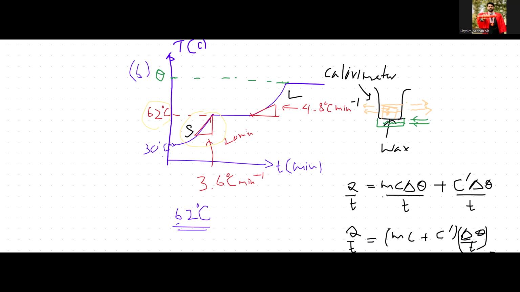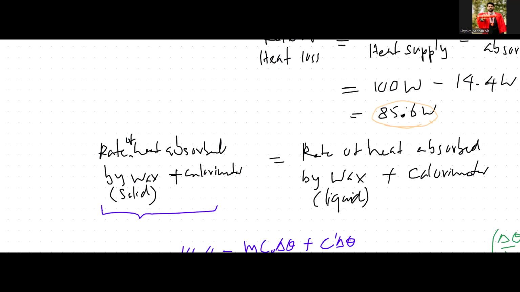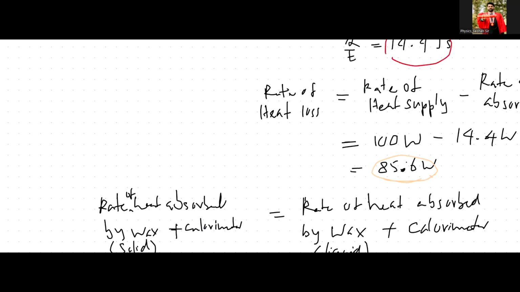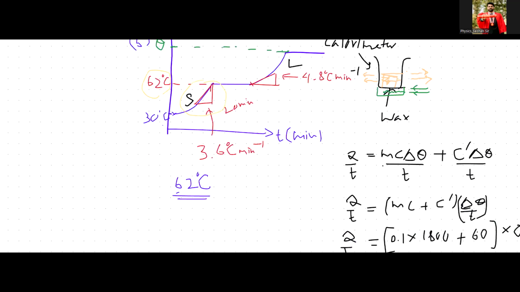So just before the melting, the rate of heat loss to the surrounding is 85.6. We already calculated the rate of heat loss, so it is 85.6, and the temperature of the system at that point is actually 62.